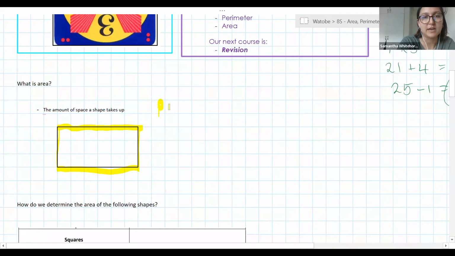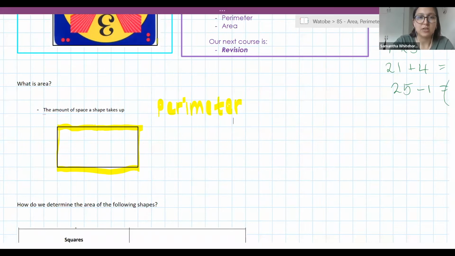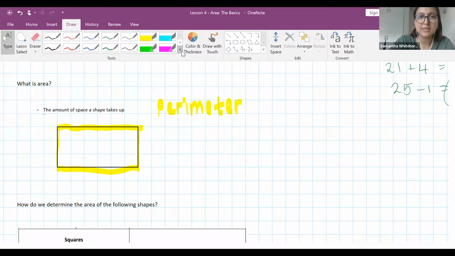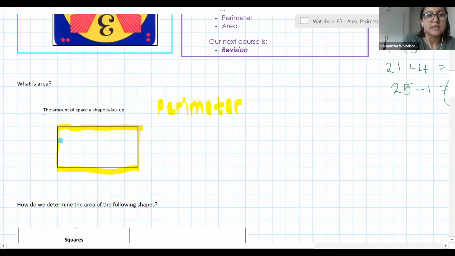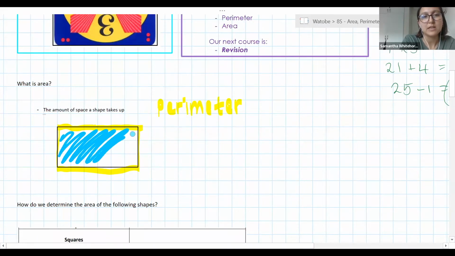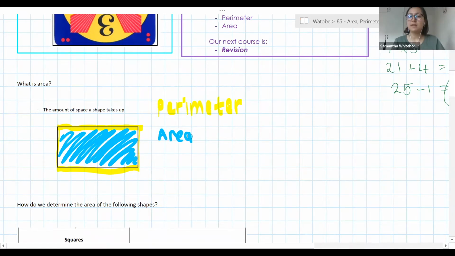I can't really highlight. I'm starting to think I actually failed primary school, but anyways. So perimeter is the outside length of our shape versus area, which, as we have just been told, is the amount of space that the shape actually occupies. So the space inside the shape is what we call the area.